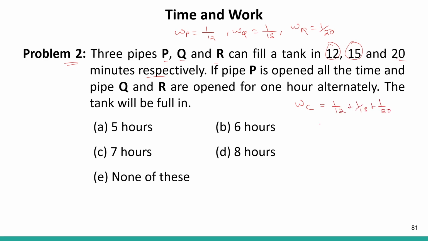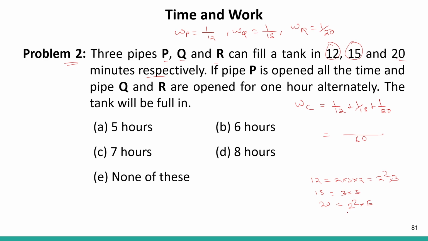So how can we evaluate this? We take the LCM of 12, 15 and 20. As you can see, 60 is their LCM. Because 12 is equal to 2 into 3 into 2, that is 2 square into 3, right? And 15 is equal to 3 into 5, and 20 is equal to 2 square into 5, right?